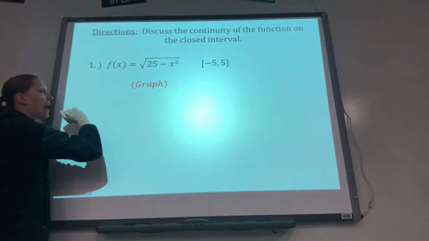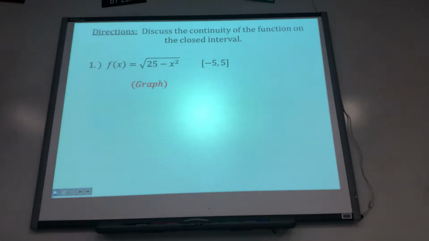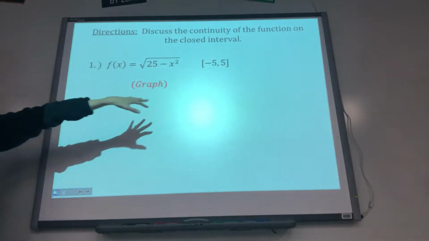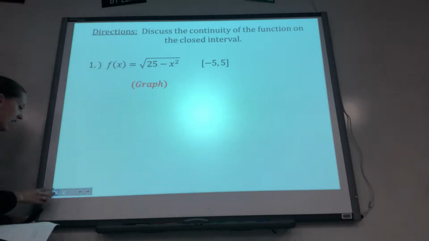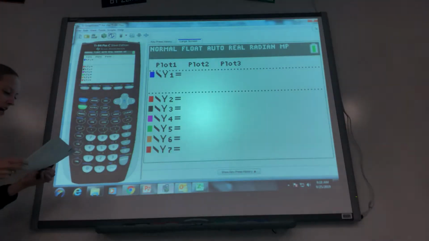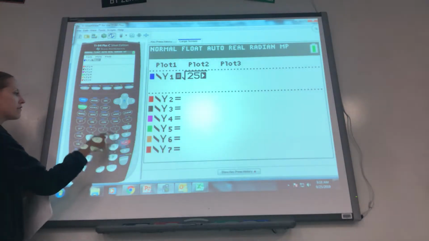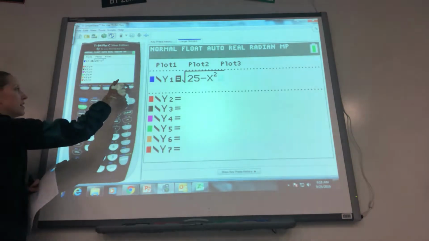So what I'm going to do is, I'm going to graph that function on my calculator, and you can do this with me, and I'm only going to be looking from -5 to +5. Okay, so I'm going to go ahead and pull mine up here. It was square root of 25 minus x squared.